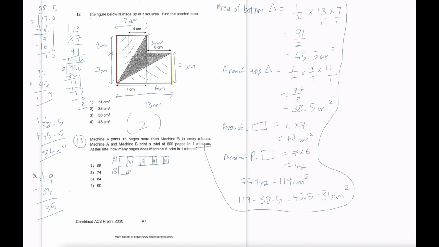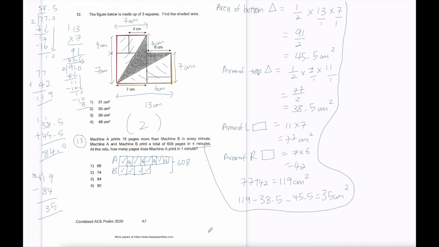Got it? How about B? B will only have 4 units: 1, 2, 3, 4. So take note, those units that I ticked are the same. The only units that are different are all the 16s. So let's not forget that the total is 608.